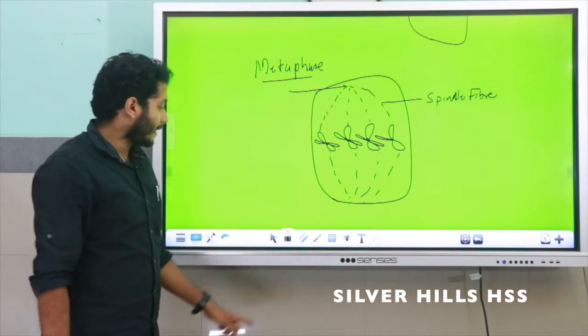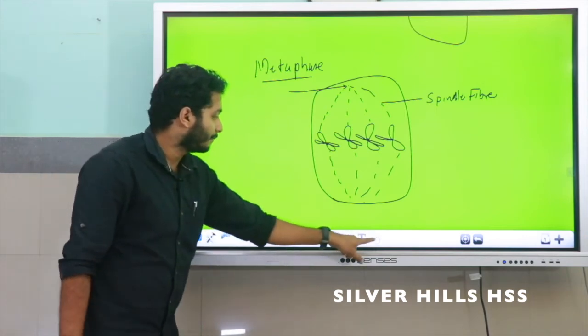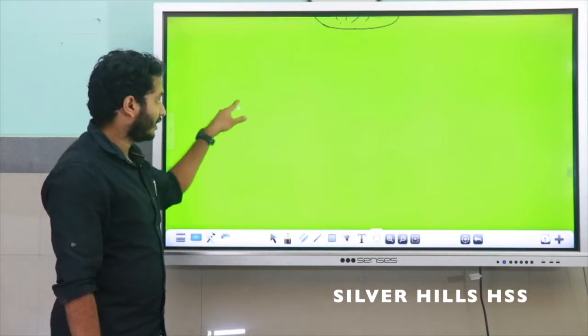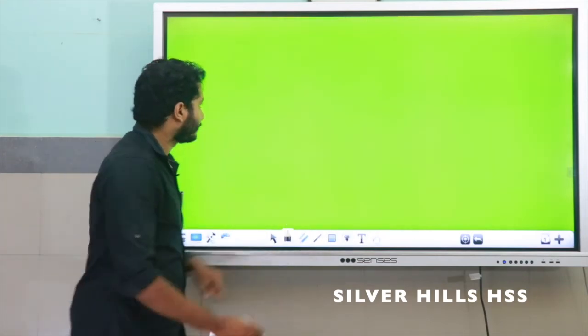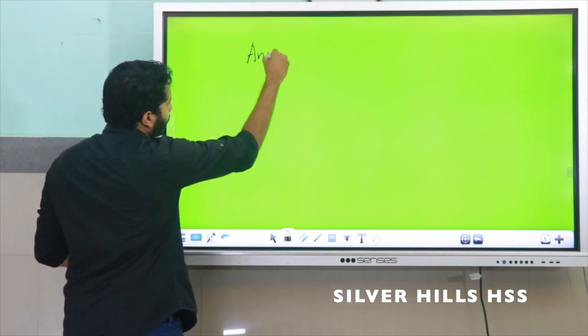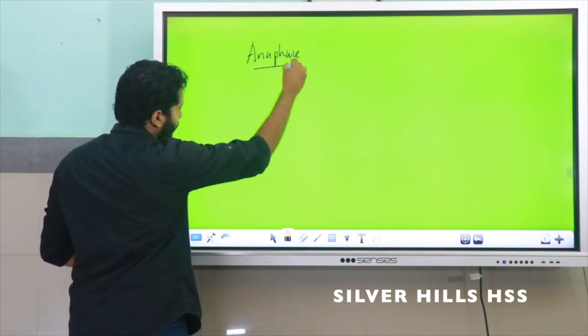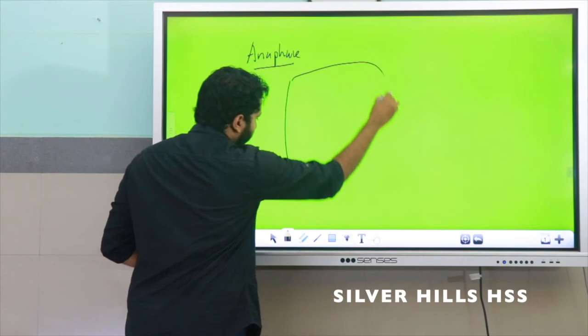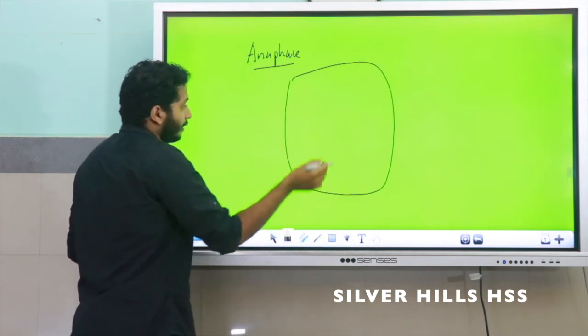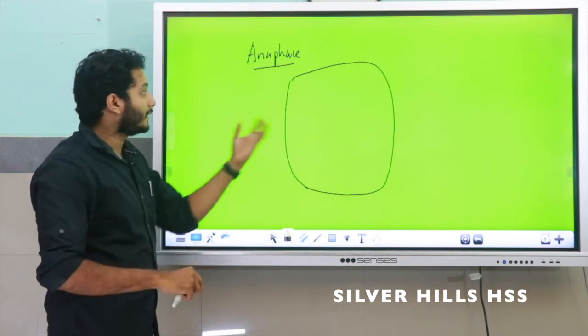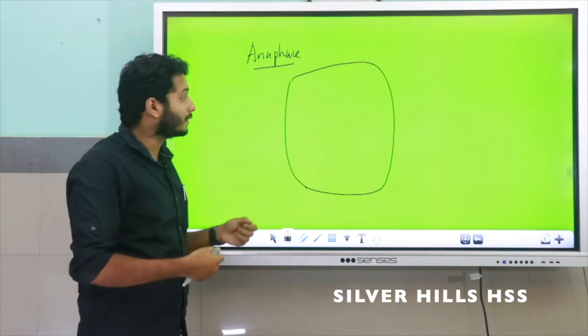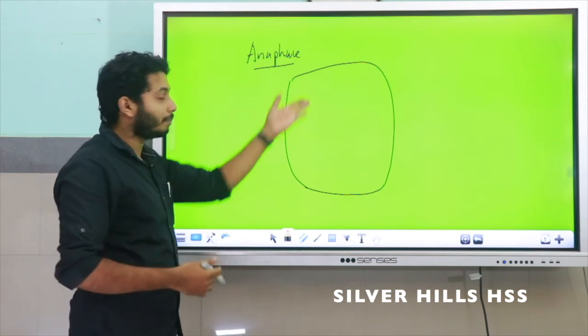The next stage is the anaphase. Let us discuss what all are the changes taking place during anaphase. Let it be the cell. During anaphase, the spindle fibers developed during metaphase pull the chromosomes to the poles.